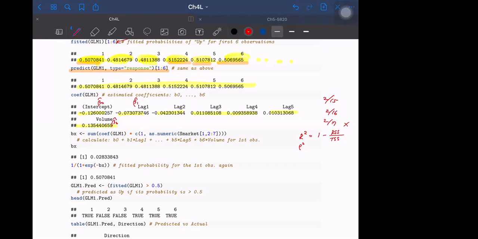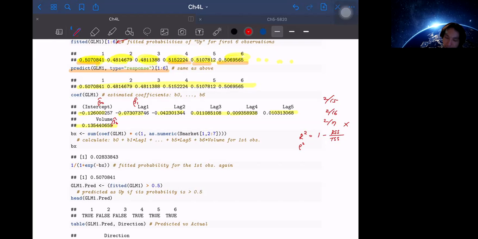Yes, rho is something like R square for linear regression that we have in multinomial regression or in binomial regression. It's some kind of index of goodness of fit. It's something like R square for linear regression.